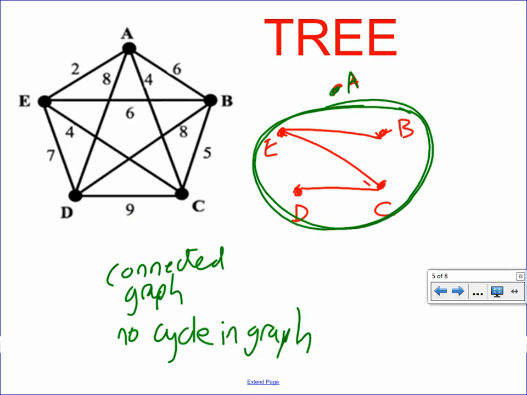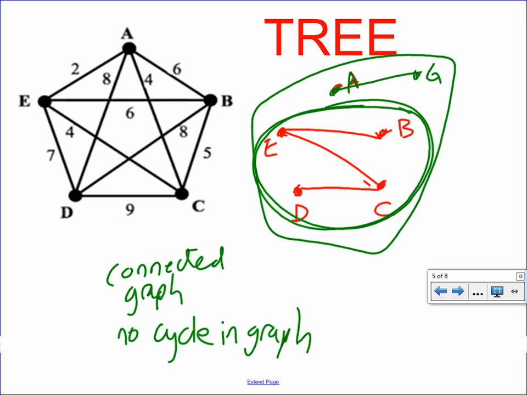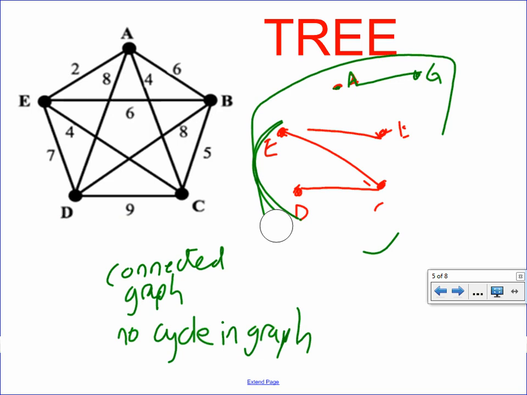If we had G over here, and we did this, this is not a tree. Trees are connected graphs, and taken as a whole, this is not a connected graph, because I can't get from A to E, B, D, C. Not by a path, because I'd have to jump. So this entire thing is not a tree, because it's not connected.